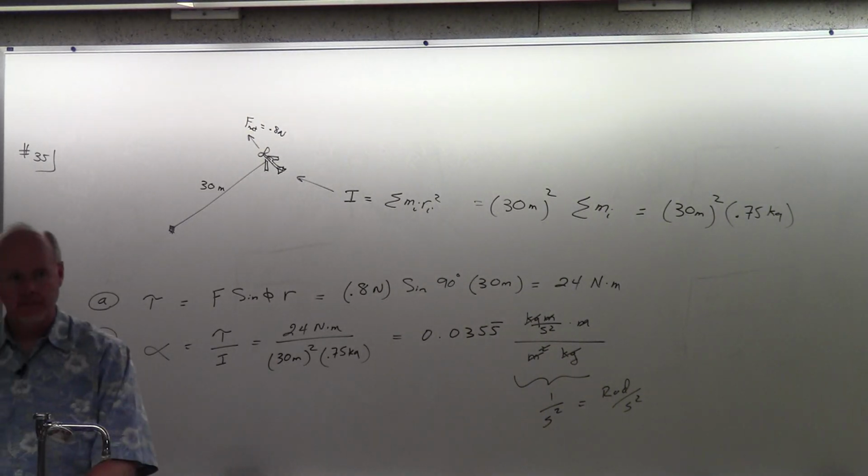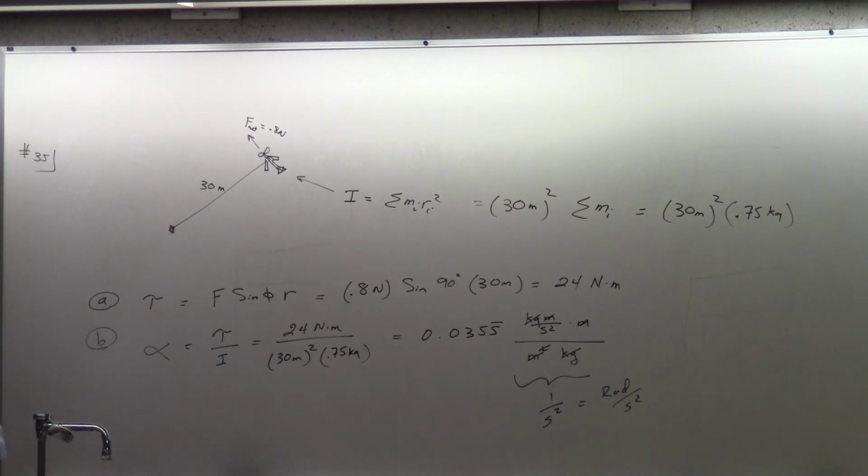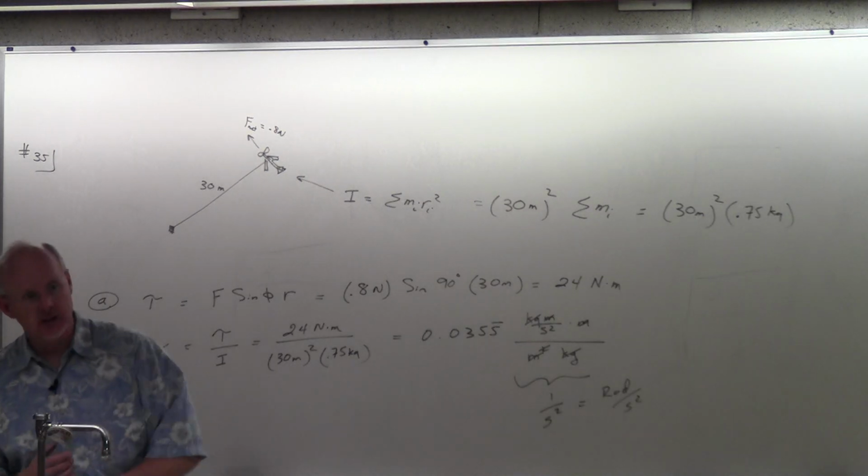Do you want to convert that to revolutions or no? Since they did not put it in revolutions, I wouldn't be tempted to do that. I only did that here because they originally gave me things in revolutions. I converted it to radians, so I probably should go back to revolutions. But whether it be this one or this one on a test, I would be happy with the right answer in whatever units, unless the problem specifically said to put it in these units.